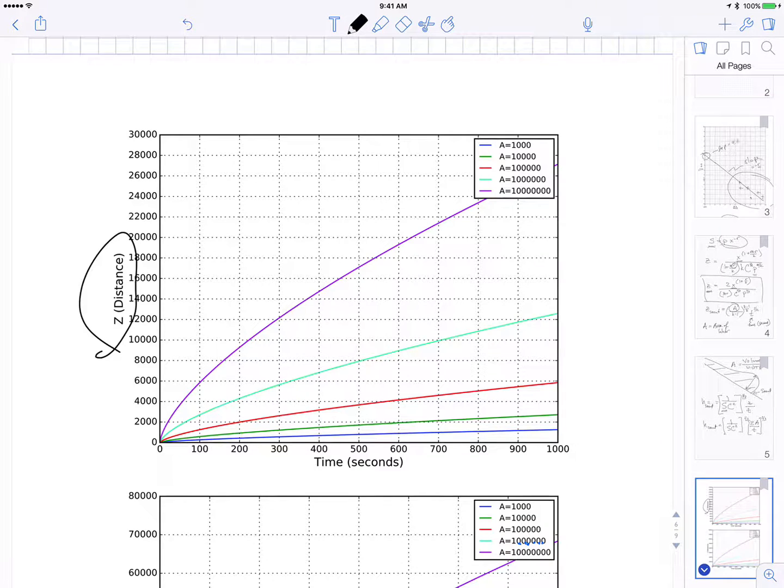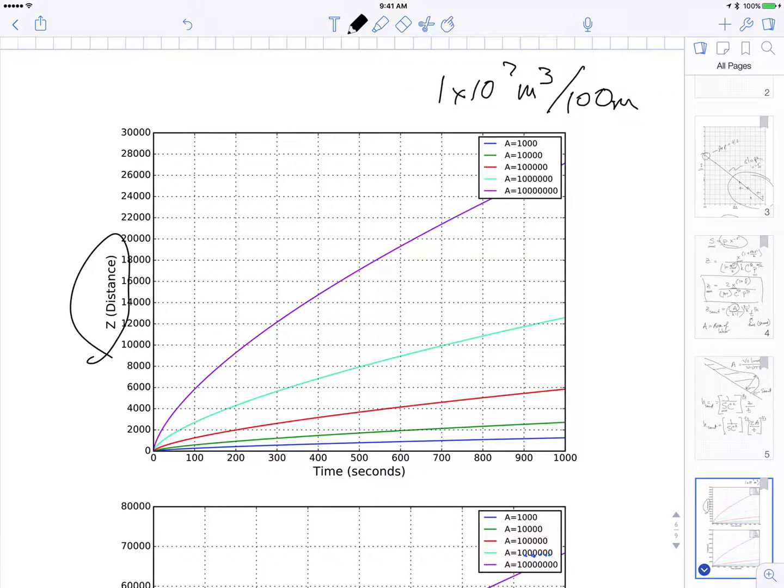So for example, if we took a lahar that had a size of 1 times 10 to the 7th cubic meters, that's the volume, and we assume it's about 100 meters wide, then its area would equal 10 to the 5th square meters. And we could look at these, and 10 to the 5th square meters would be the red curve here, right?